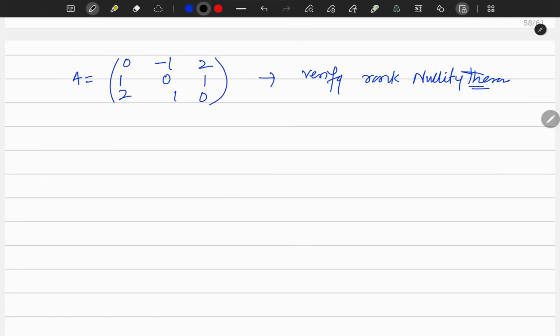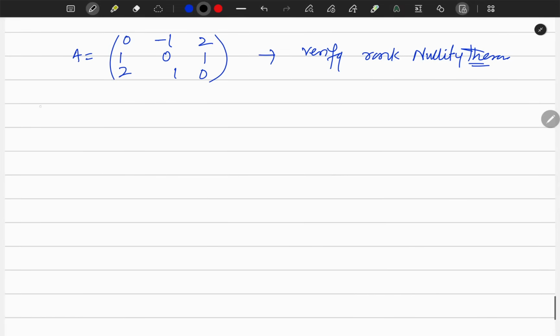If it is easy for you to verify it by the linear transformation, then do one thing. A, which is given to you, the matrix 0, minus 1, 2, 1, 0, 1, 2, 1, 0, multiply it with x, y and z.